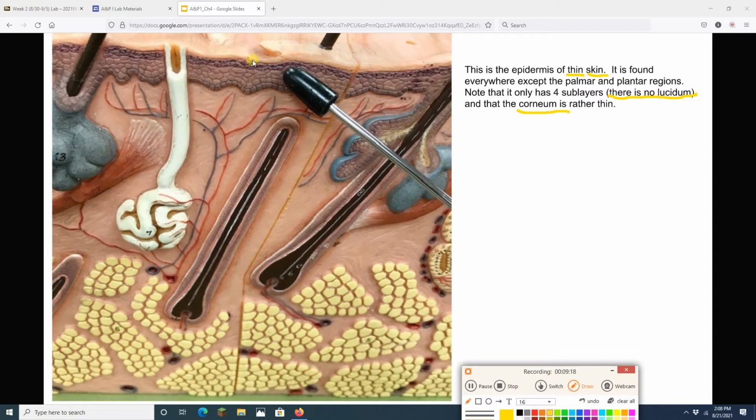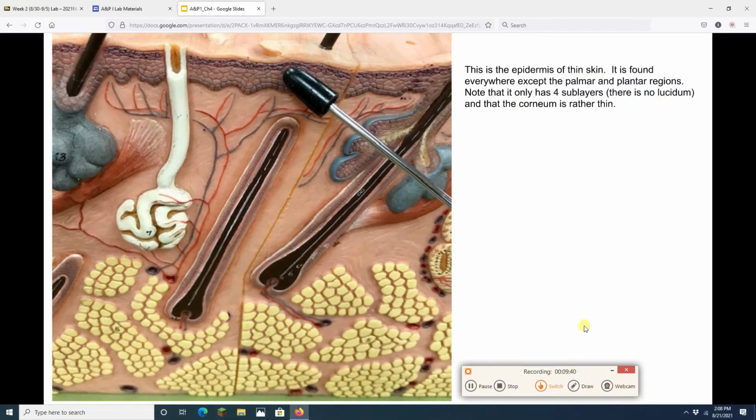I can see 1, 2, 3, 4 layers. And that corneum up top is super duper thin. And there is no lucidum. Okay, let's look at the layers of skin in the skin model and then some other associated structures too.